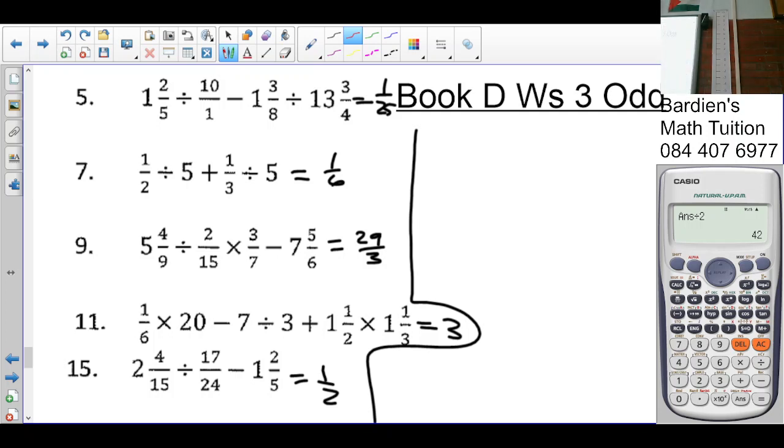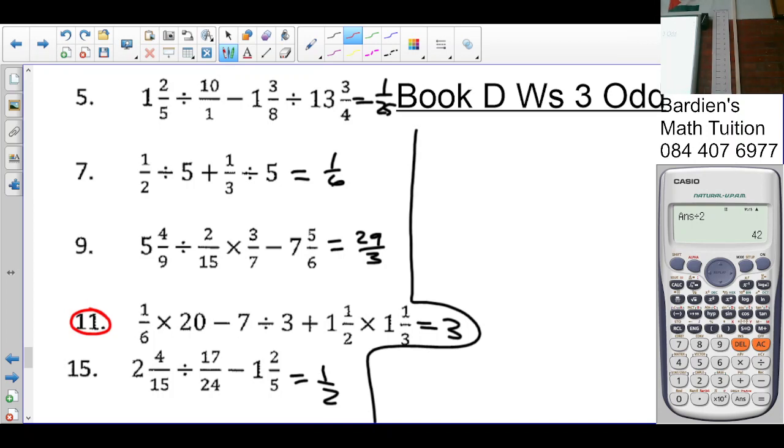Number 9. So number 15 is 68. So it's got number 5, 7, 9. Is 9 not right? No, so it's got number 13. 13. Okay, it's below that. Okay, so I'll move it afterwards. Okay, any problems with number 11? Sorry?